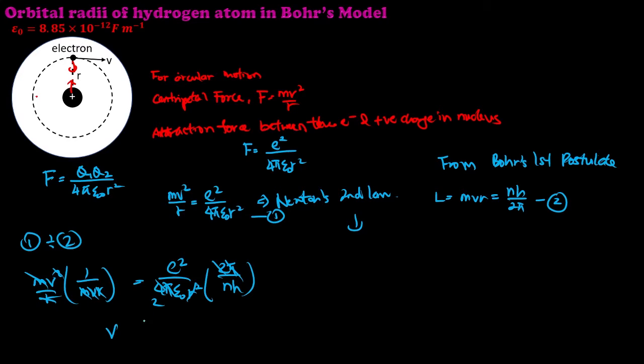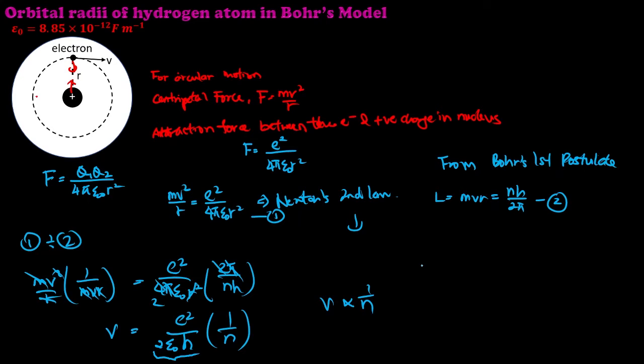On the left hand side we will have only v, and on the right hand side we will have e squared over 2 epsilon naught h, then 1 over n. I put it in this form because here all are constants: e is a constant, epsilon naught is a constant, and h is a constant. So v is directly proportional to 1 over n.